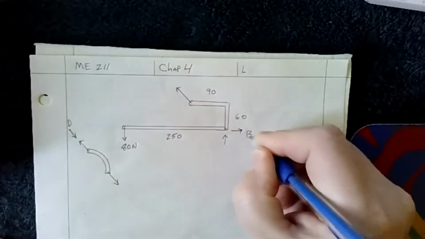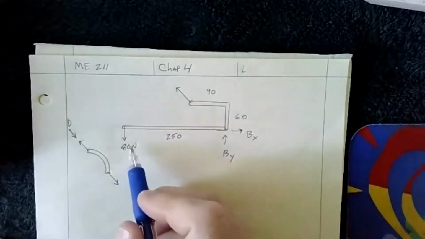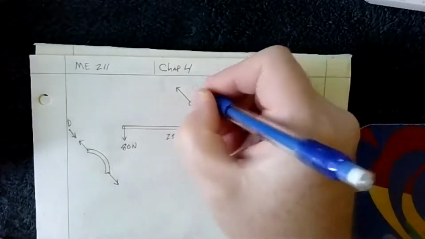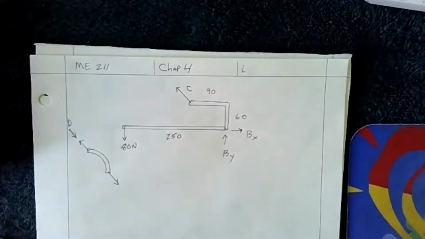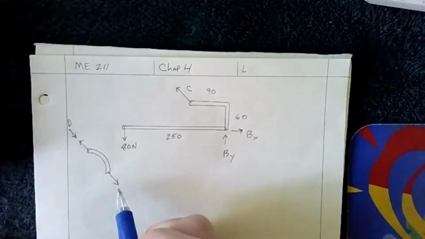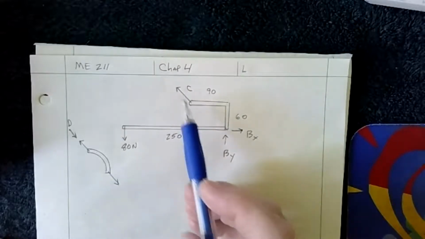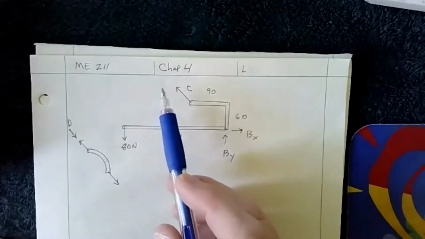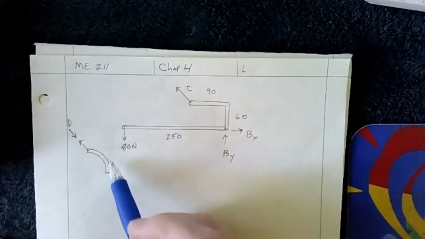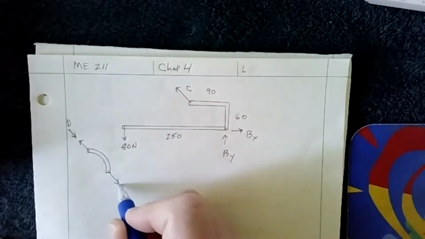So we have Bx, we have By, we have 80 newtons, and we have this, I'm just going to label it C. Again, C and D are the same. Now, I've drawn this here to kind of show you how the forces are going to react. We know that if C is going up that way, then that means that this actual quarter circle is going to have a force that's equal and opposite to it.